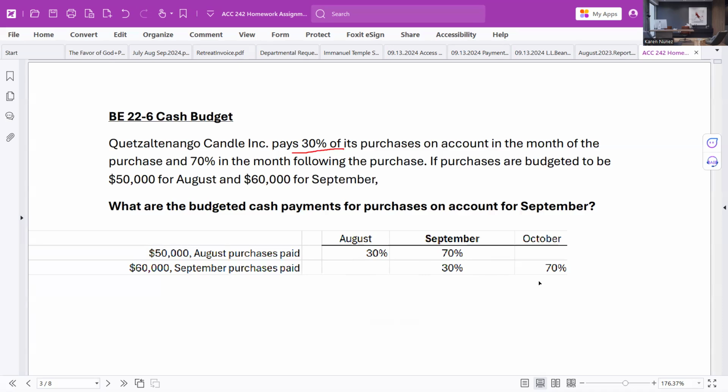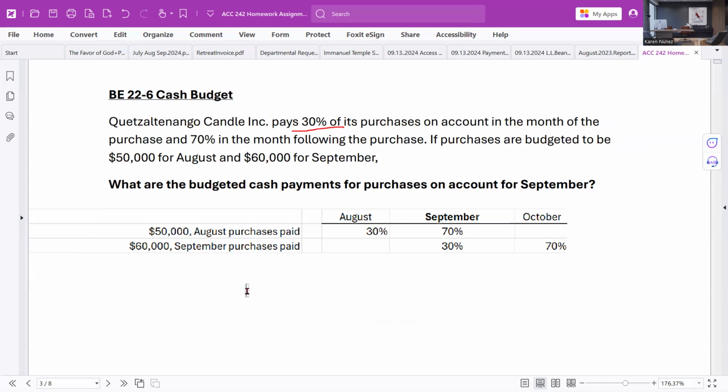And what we need to be able to do is determine the total amount that will be paid in the month of September. So as we look at September, let me type here. In the month of September, we've got some August purchases that will be paid. The August purchases were $50,000.